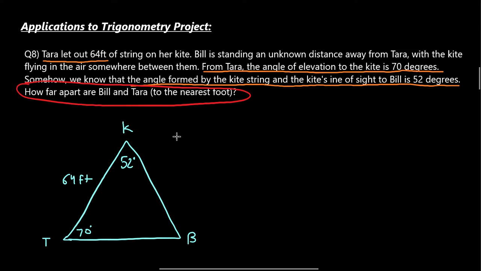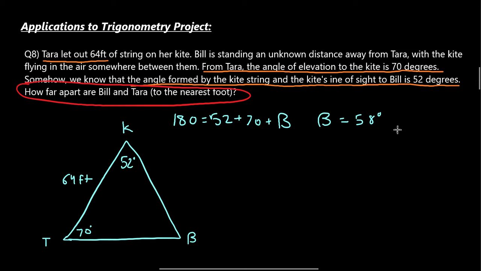Before we look at our question, we can easily solve for the measure of angle B, the third angle measure of the triangle, because we know that all angles in a triangle have to sum up to 180. So 180 is equal to 52 plus 70 plus B. We don't know what B is, so B is going to equal 58 degrees.